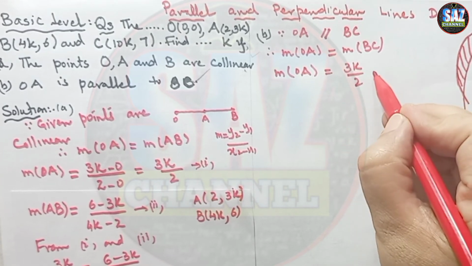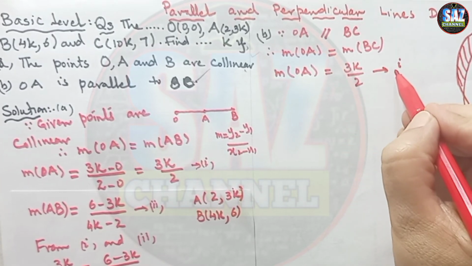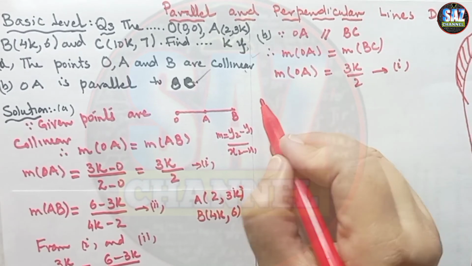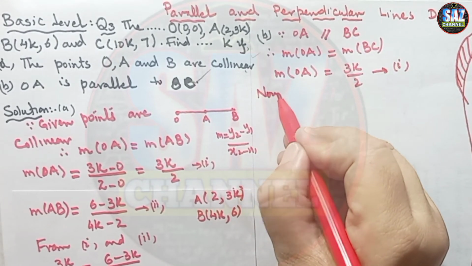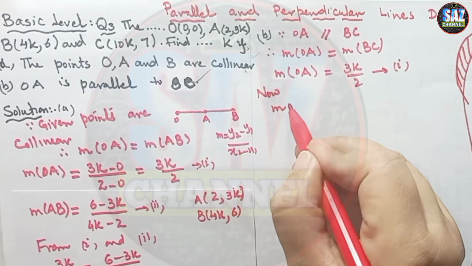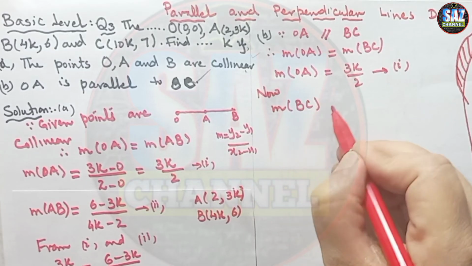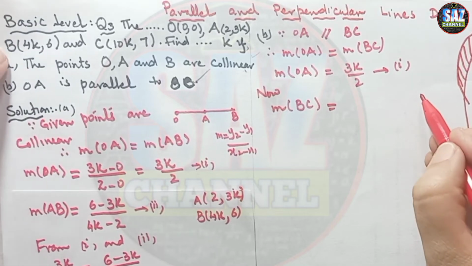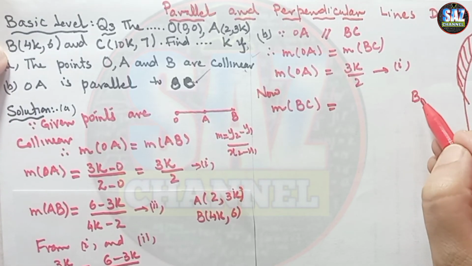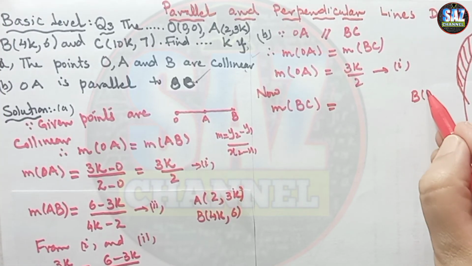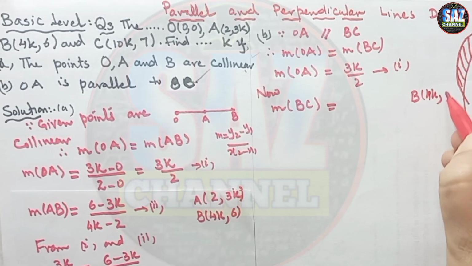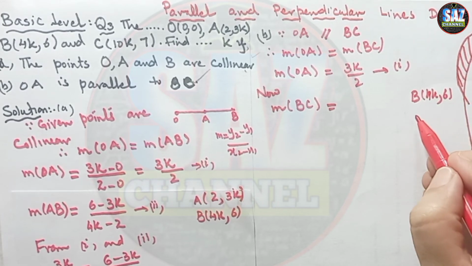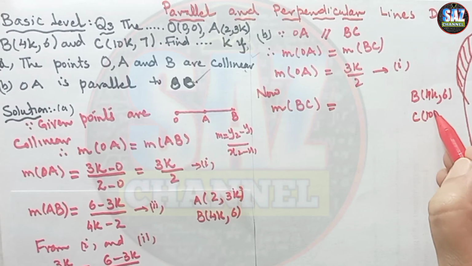Now we have to think about the gradient of BC carefully. Let me write the coordinates: B is (4k, 6) and C has the coordinates (10k, 7).